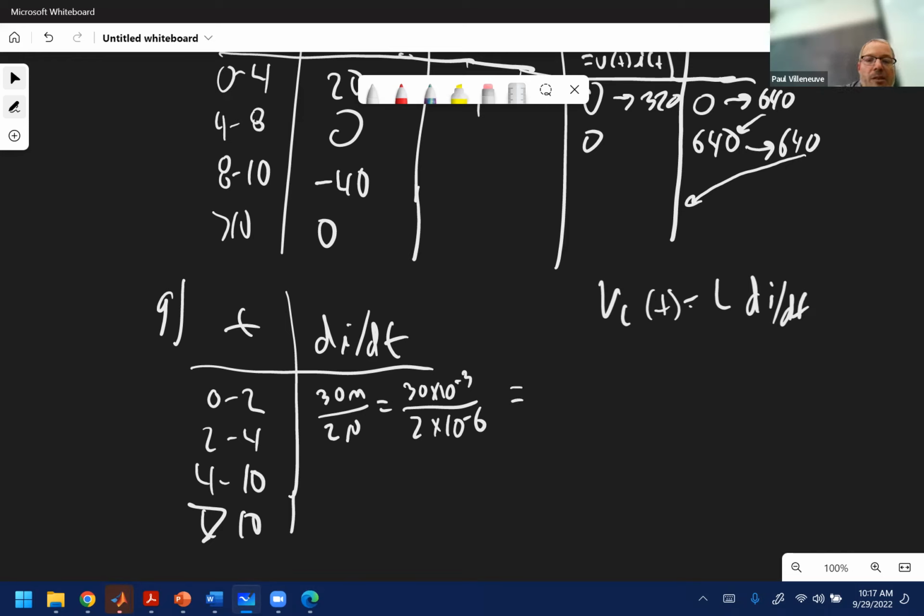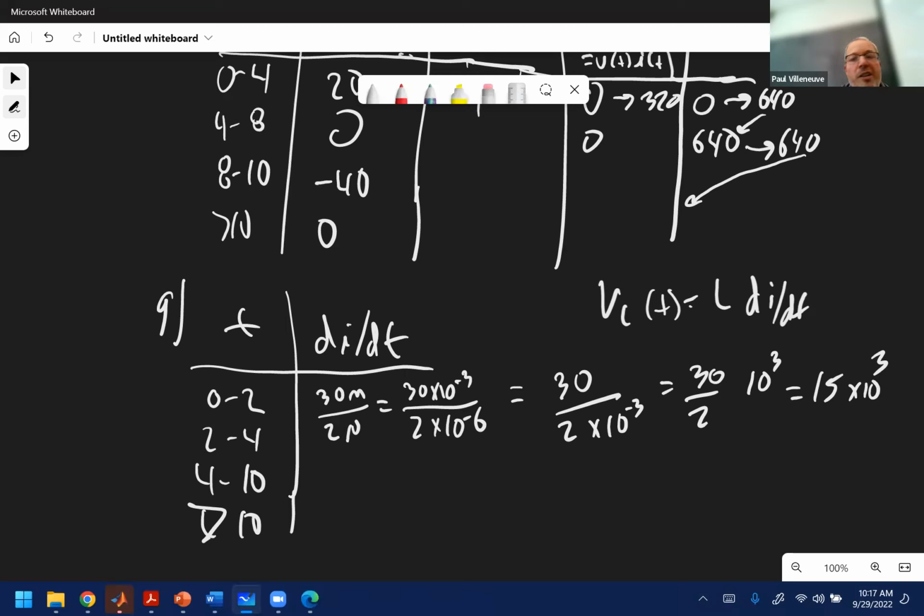So this becomes 30 over 2 times 10 to the minus 3 because I subtract them. When I invert 10 to the minus 3, it becomes 10 to the positive 3, because 1 over 10 to the minus 3 is 10 to the positive 3. So that's equal to 15 times 10 to the third. So if you just keep track of your exponents, it should fall right out for you.